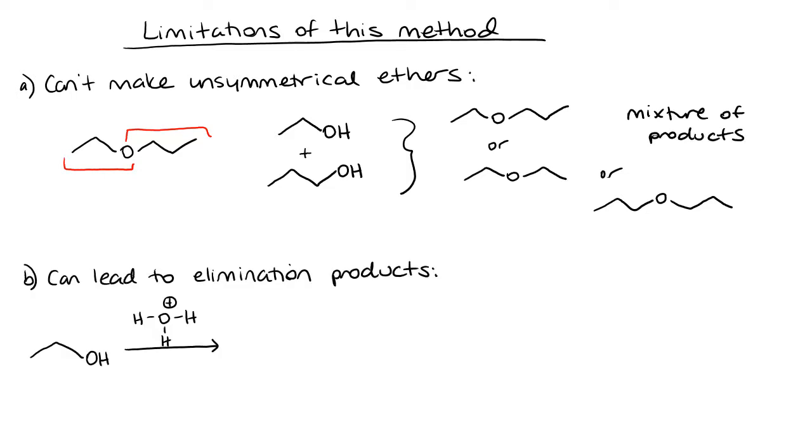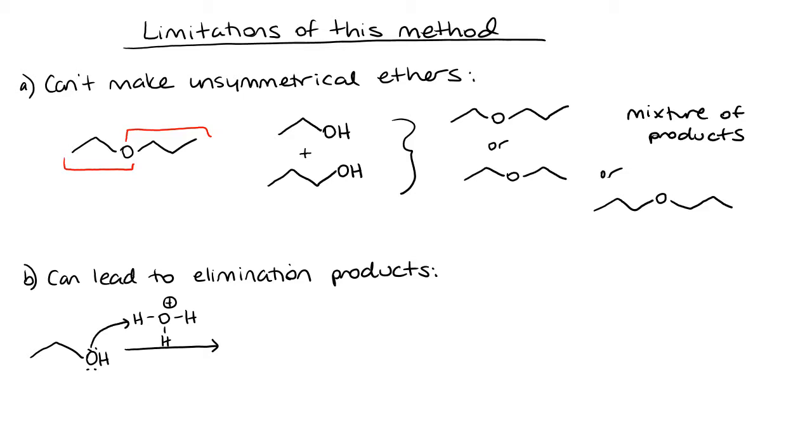The other limitation is that it can lead to elimination products. So we saw in OChem 1 that anytime you have an SN2 reaction, you have the potential of having E2 reactions also occur. So in this example, we could go through the steps of having an SN2 reaction or setting up an SN2 reaction, but we can see that an E2 reaction could also occur.